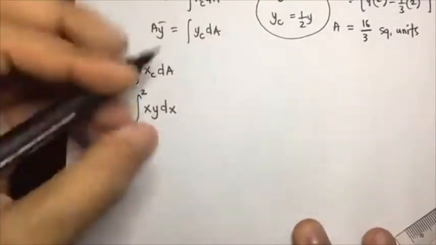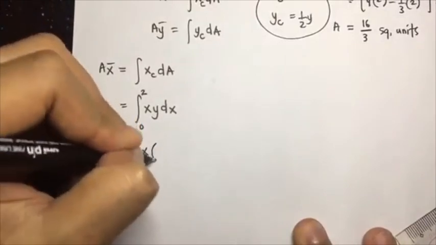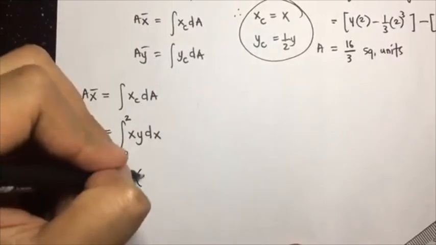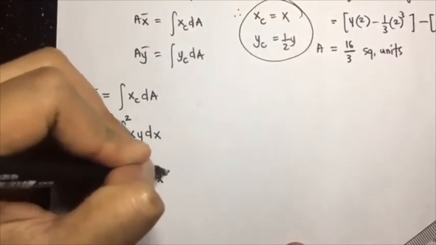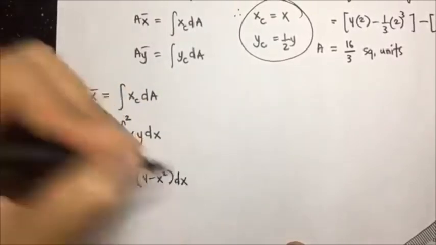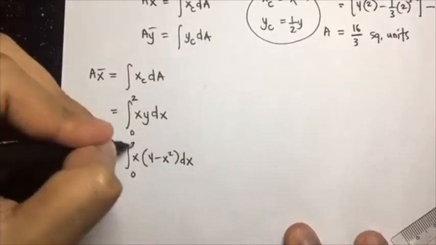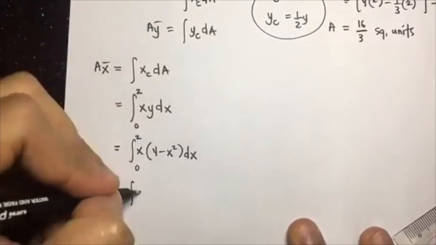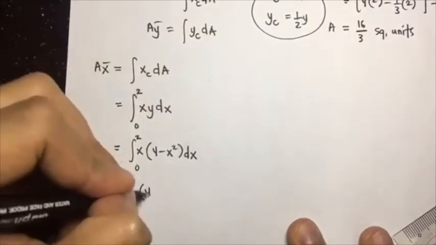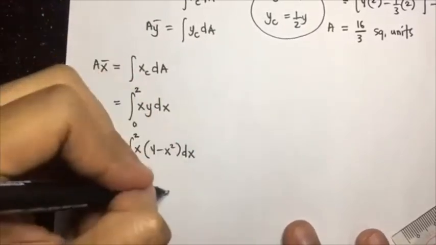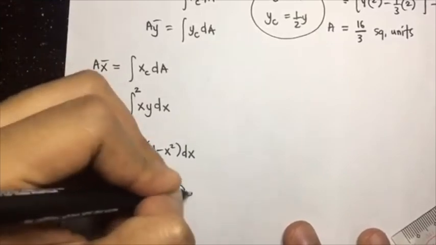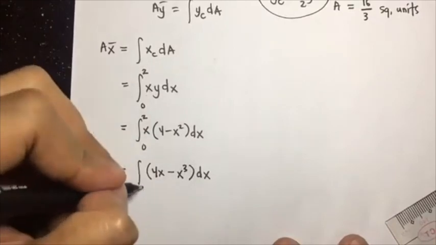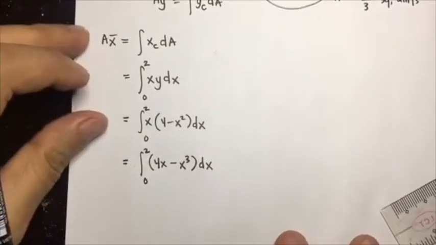So this becomes the integral of x times 4 minus x squared dx from 0 to 2. Distributing, this becomes 4x minus x cubed dx, from 0 to 2.